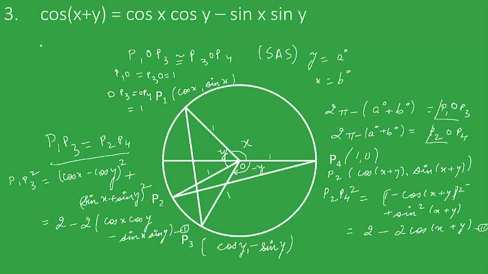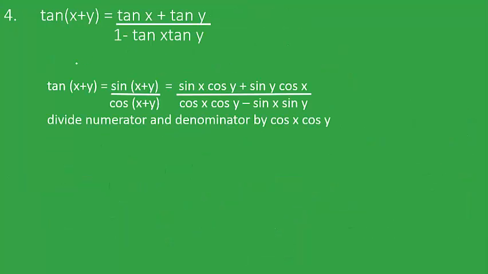By taking x equal to pi by 2 plus y, it'll be easier. So after solving this equation, you will get sin of x plus y is equal to sin x cos y plus sin y cos x, and cos of x plus y is equal to cos x cos y minus sin x sin y.